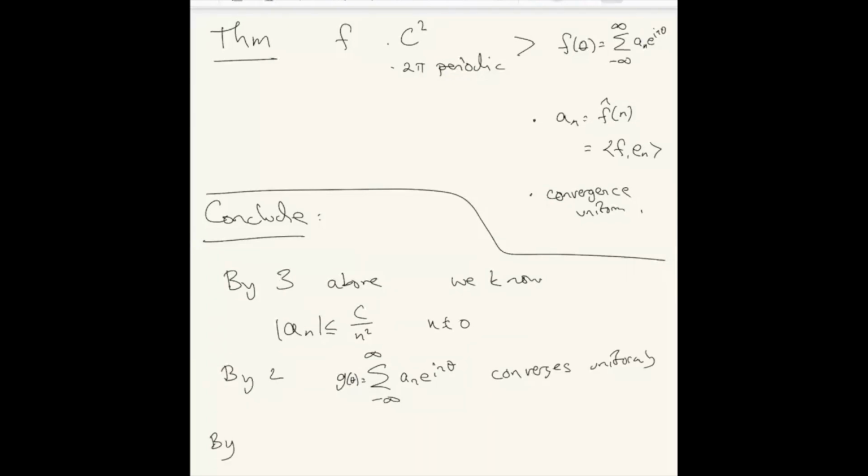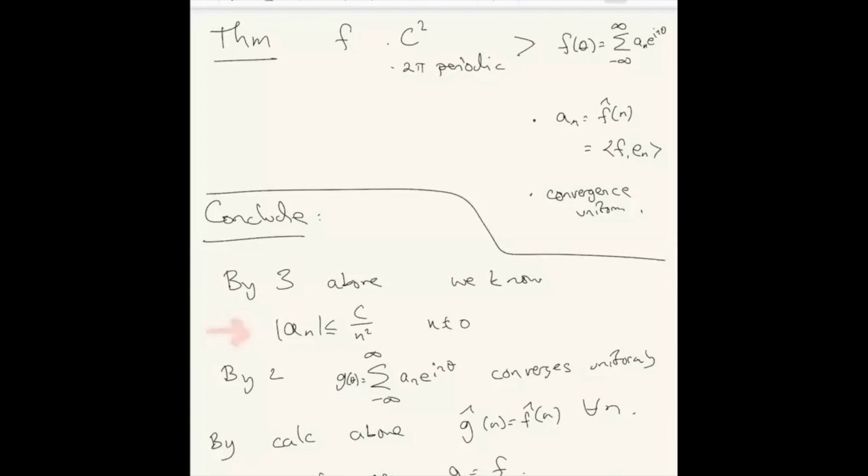By a calculation above, we know that g hat n is equal to f hat n for all n. And then by the uniqueness, g is equal to f. So we get that f(theta) is equal to the sum from minus infinity to infinity of a_n e^(in theta). So all these pieces fit together into this puzzle of proving this theorem.